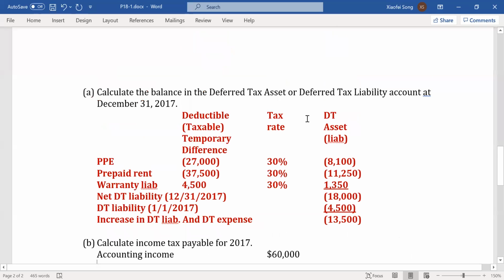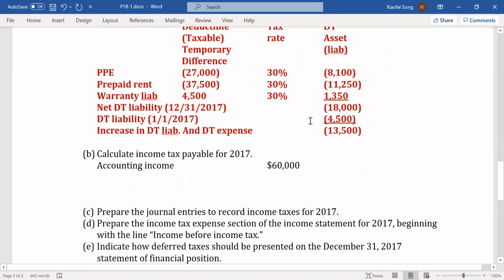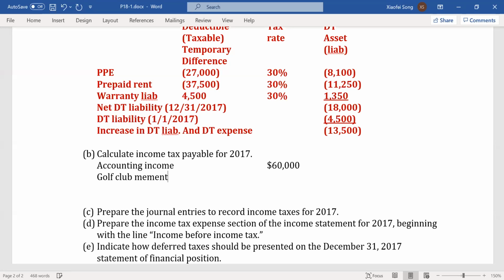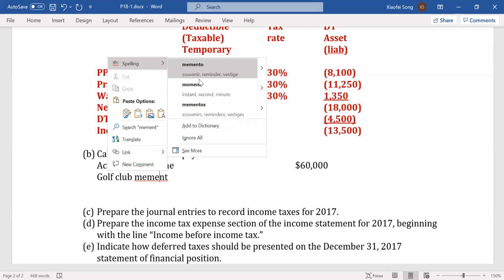How many were there? I think there were 2 permanent differences. The first one is the golf club membership, let's do that. So the adjustment to that is what?